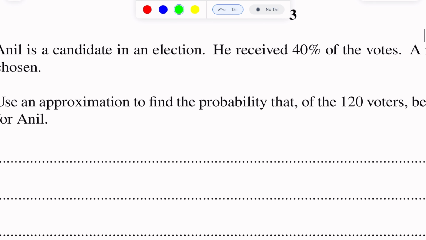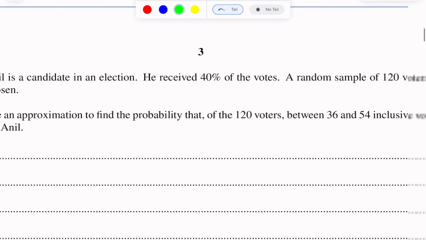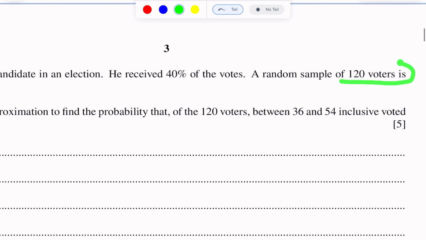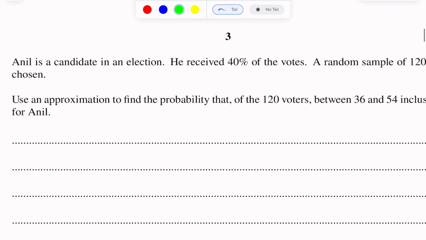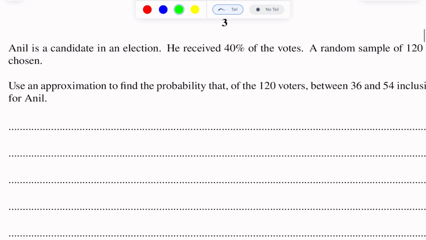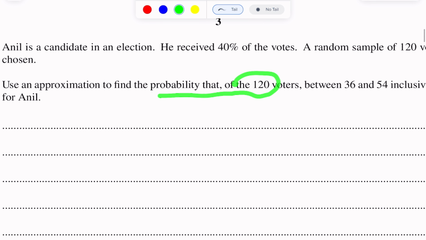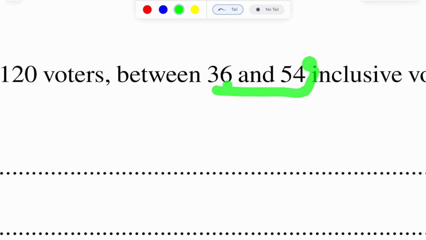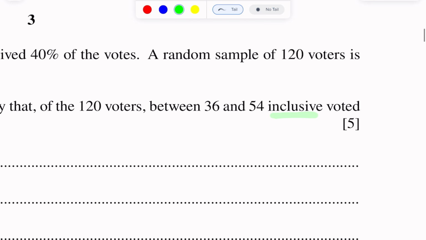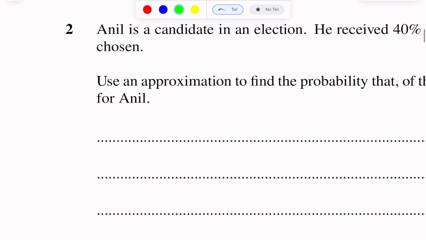Now, in this question, N is 120 because a random sample of 120 voters is chosen, and the votes received are 40%. We have to find the probability that out of 120 voters, between 36 and 54 inclusive voted for Anil.